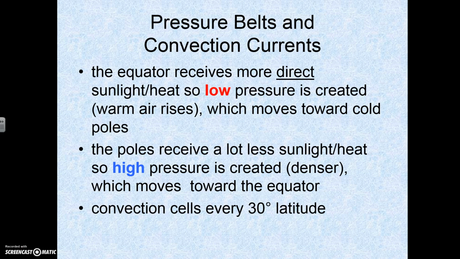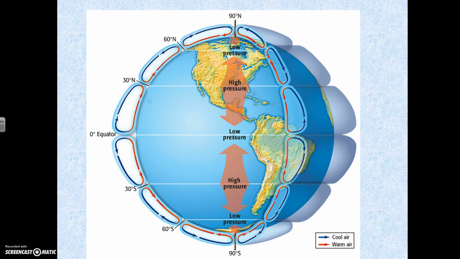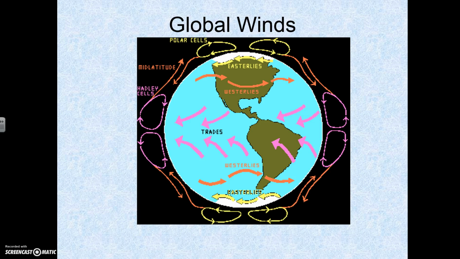And then the cells are every 30 degrees latitude. So you've got all this low pressure down here and all this high pressure up here because it's colder up here and warmer near the equator. Okay, low pressure is high heat. High pressure is low heat. So again, it's like opposite day.